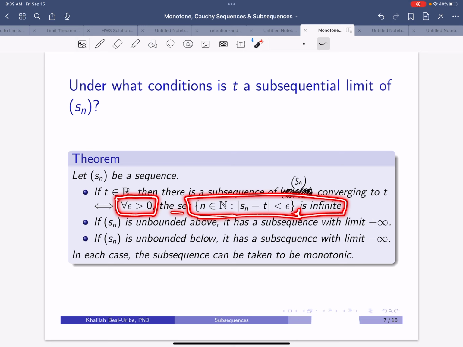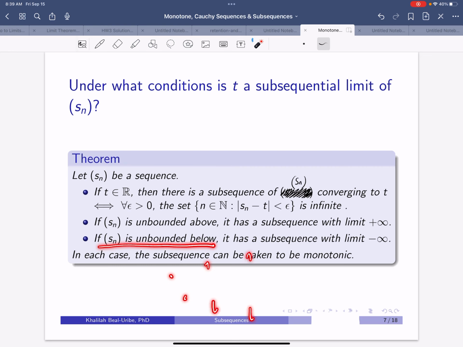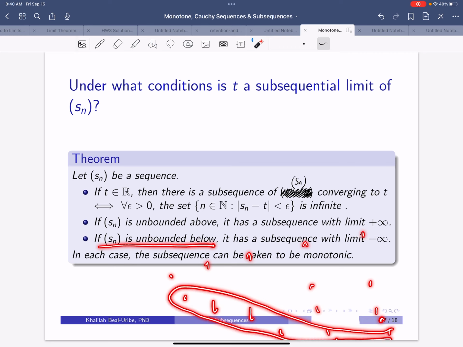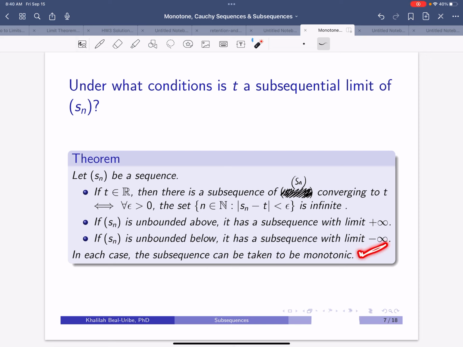If and only if this interval is infinite. Now, if your sequence is unbounded above, then it'll have a subsequence that diverges to plus infinity. And if your sequence is unbounded below, right, so that means it doesn't have a lower bound, then there will be some subsequence that diverges to minus infinity. And then this is really special. In each case, the subsequence can be taken to be monotonic.